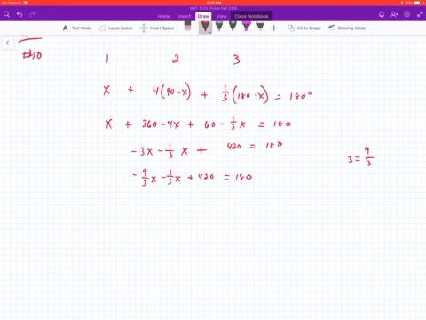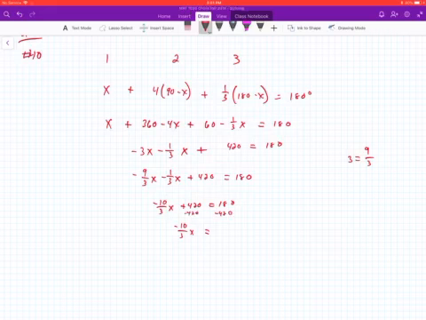Negative 9 over 3 x minus 1/3 x is negative 10 over 3 x, or negative 10/3 x, plus 420 is equal to 180. Now we subtract the 420 from both sides. So we get negative 10 over 3 x is equal to 180 minus 420.